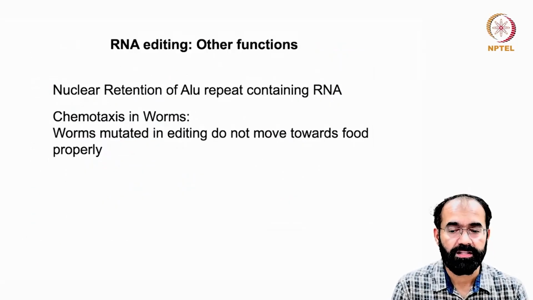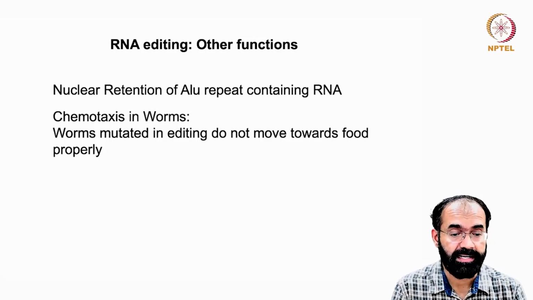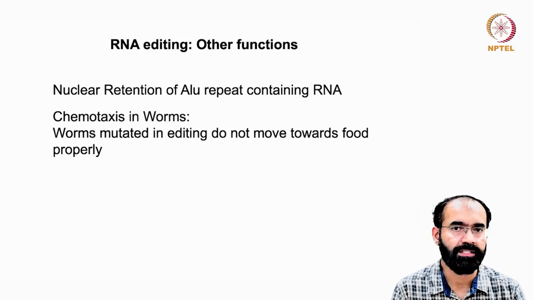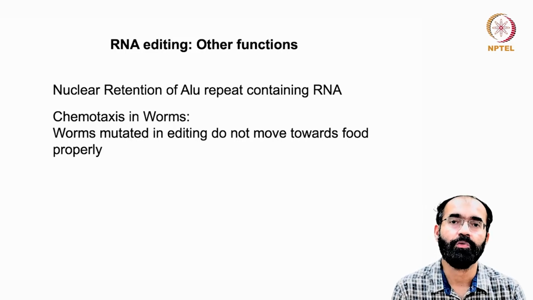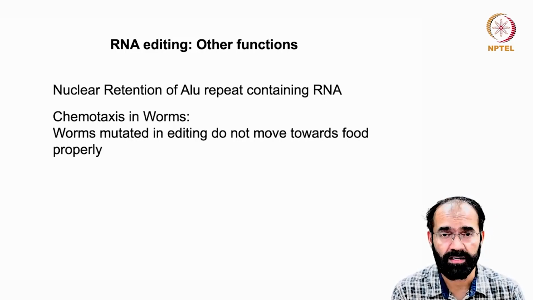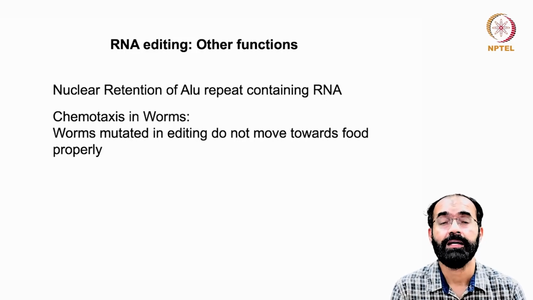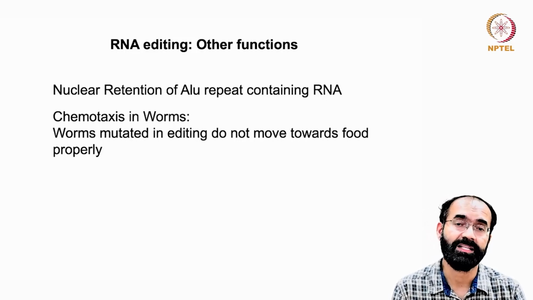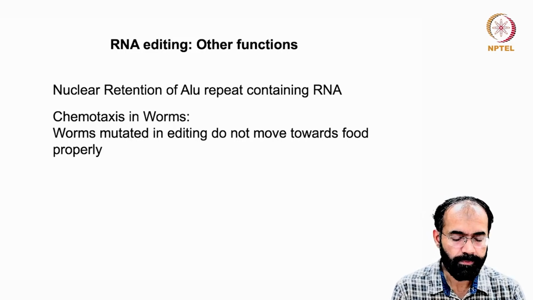Let us see what the other functions of RNA editing are. First, nuclear retention of ALU repeat containing RNA. ALU is a restriction enzyme, which can cut in a sequence-specific manner, but plenty of ALU recognizing nucleotide sequences can be there in the genome.